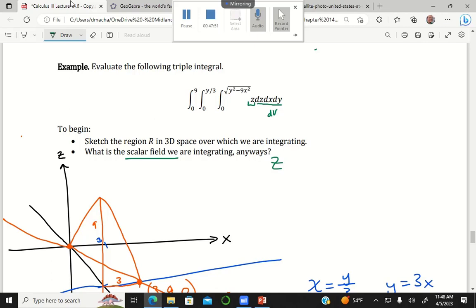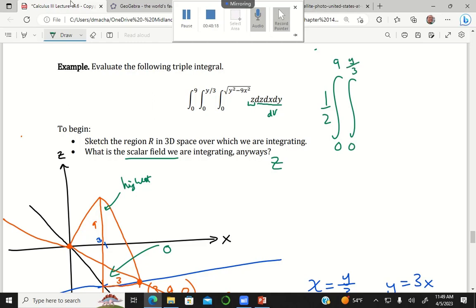So it's going to have positive values because we're in the first octant, and the value of my scalar field is increasing as we get up towards the top of this solid. So this is going to be the highest values of my scalar field, and these would be approaching 0 down here at the base.